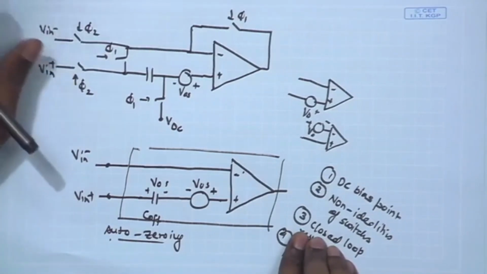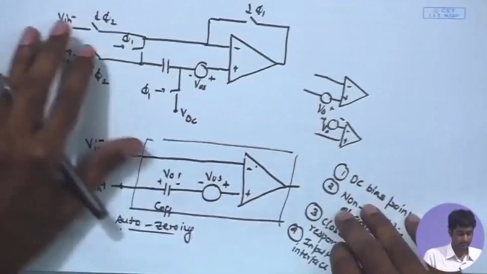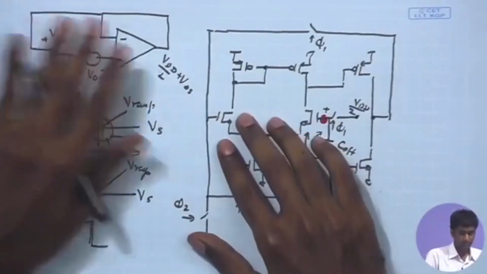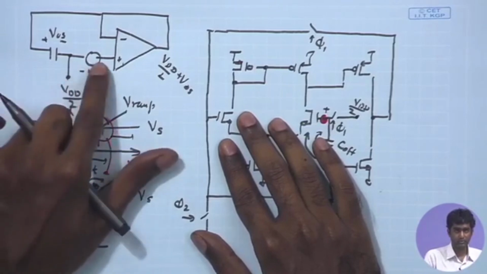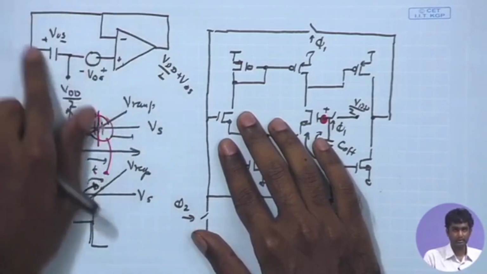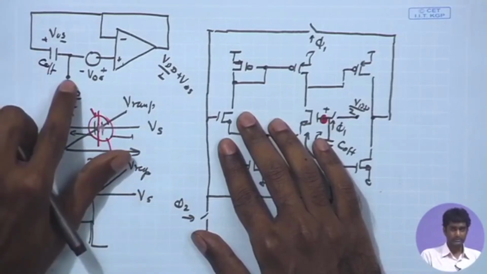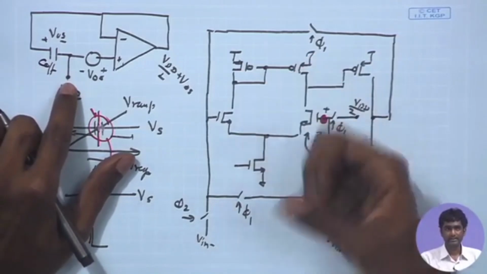So, first we need to identify the overall closed loop circuitry that we have for the phi 1 phase, and for that we have already drawn this particular configuration over here. This is connected to VDD by 2, we have the offset voltage over here and the unity gain configuration. This is C offset. So, this is a DC point. From the point of view of AC analysis, this can be seen as an AC ground.